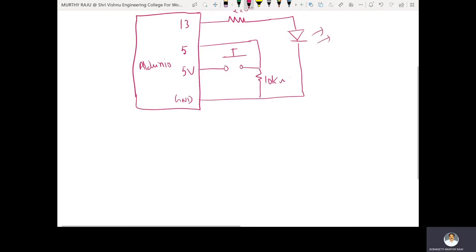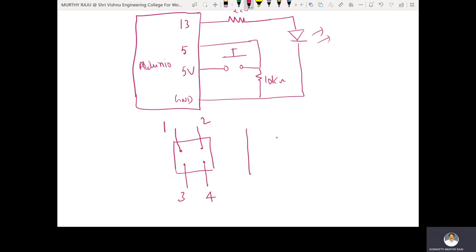Generally, the push button is shown in the figure here. There are four points here: 1, 2, 3, and 4.